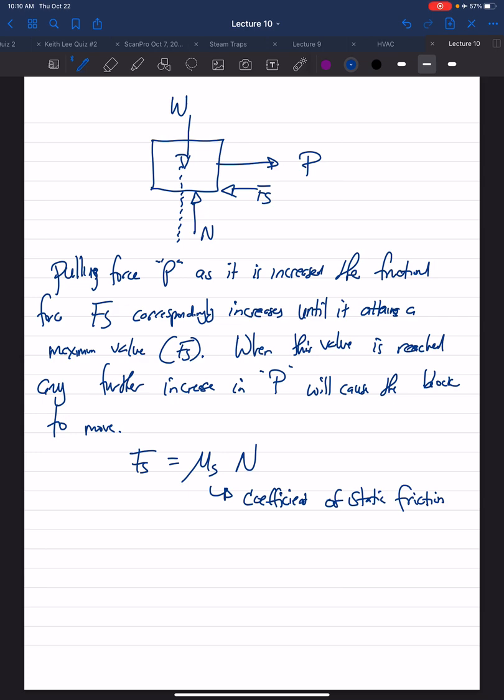And as you see, the normal force and the static friction force create a resultant force. And the angle between the resultant force and the normal force, phi, is called the angle of static friction.